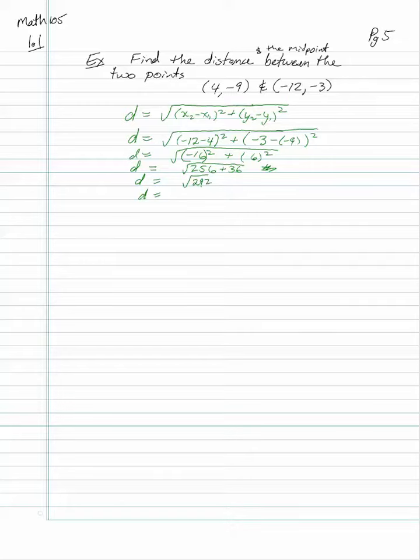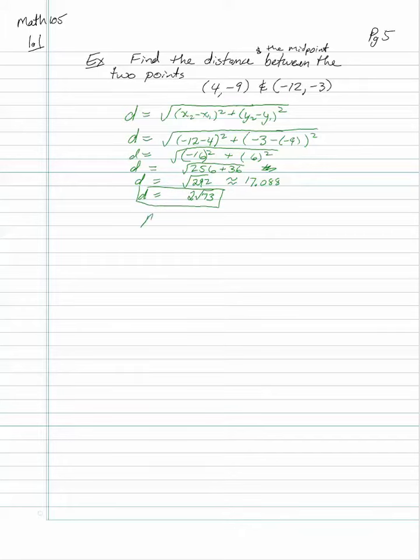Okay, so that's square root of 292, and 292 is 2 times 2 times 73, so we can factor 2 out, so it's 2 square root of 73. Or, you know, you can put it in your calculator and say it's about 17.088, depending on what you're doing. Okay, but this is the exact answer for distance, 2 square root of 73.